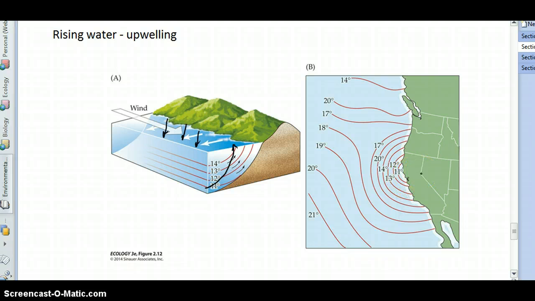Perhaps if you've ever been swimming off the coast of California, you know this, it's quite cool. That's because the water is coming from deeper down. And so you can see right off, here's San Francisco, just north of there, the water is quite chilly. Down in Los Angeles, it's still fairly chilly. It's not till you get towards San Diego that it starts to warm up considerably.